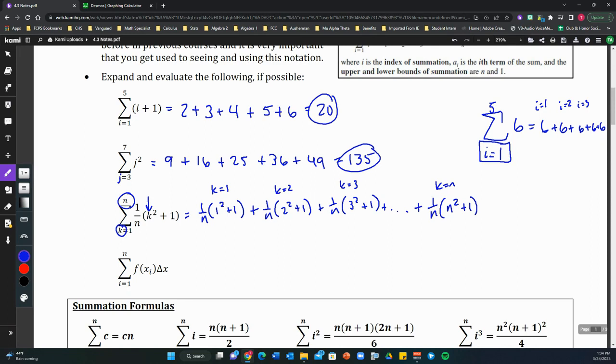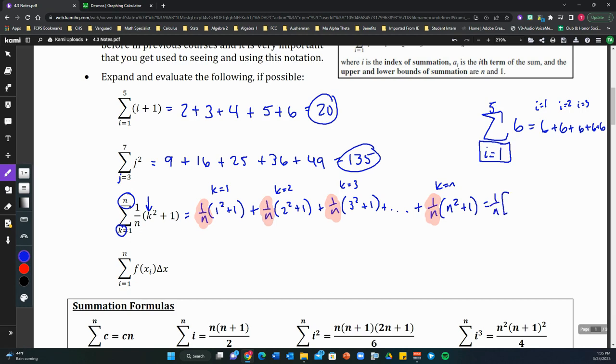However, if you do notice, there is a little commonality here between all these terms. Every single piece of this sum would actually have a 1 over n term in it. Because the sigma notation is just a representation of repeated addition, anything that shows up in every single term, to speed the process up, we could factor out.